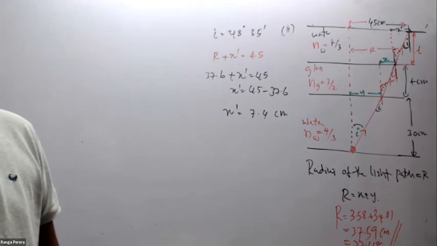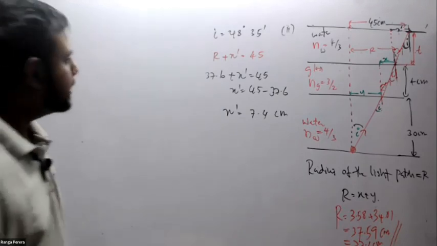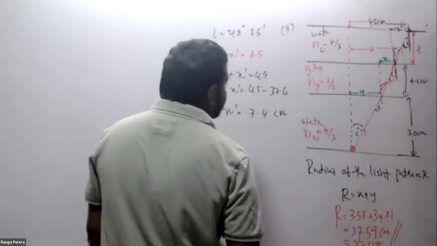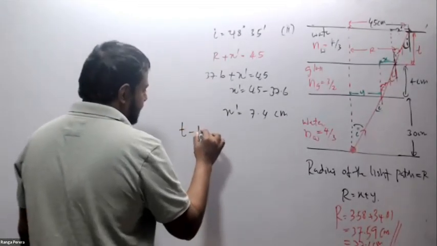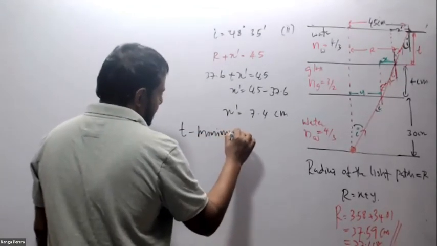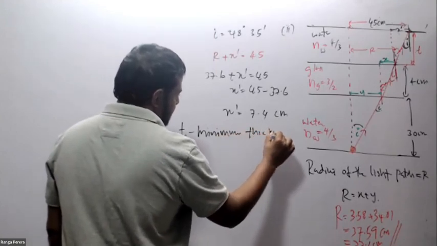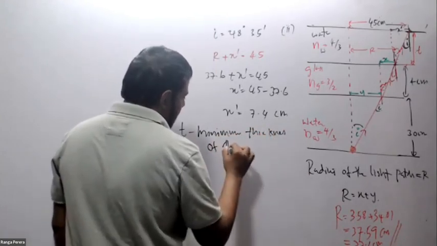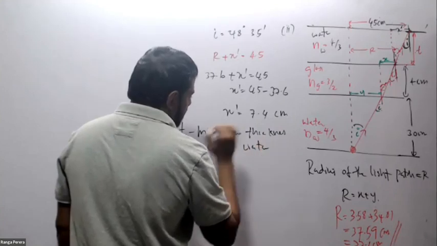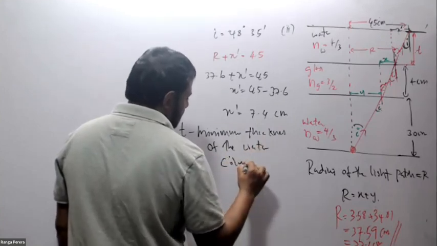If you know x dash, we can calculate the minimum thickness of the water column.